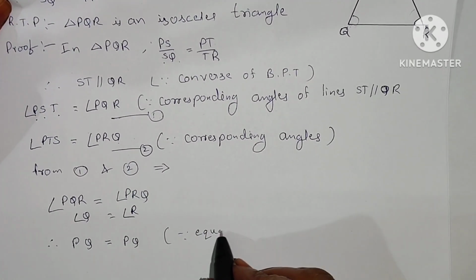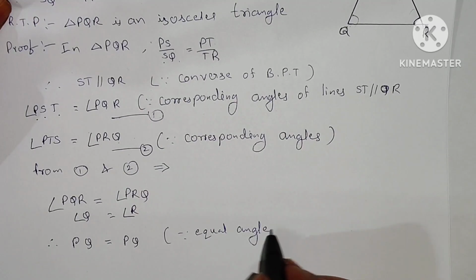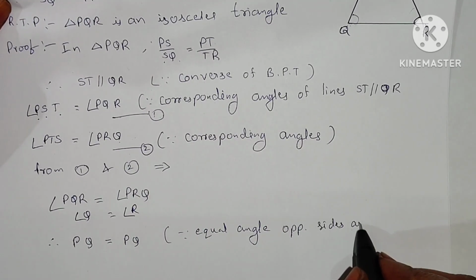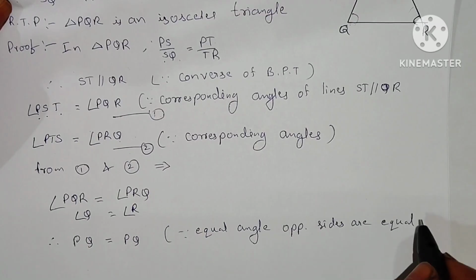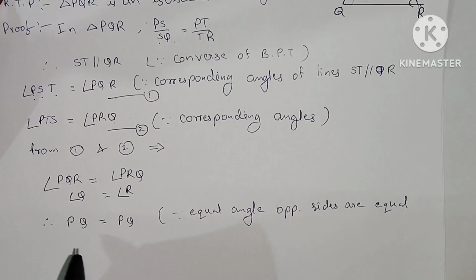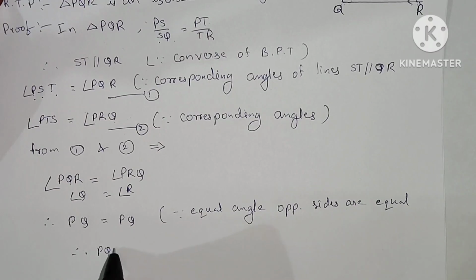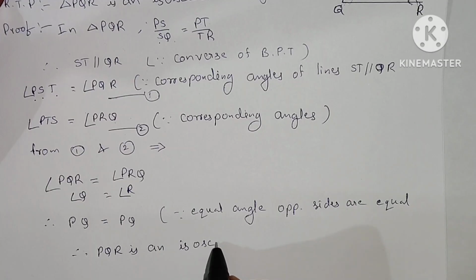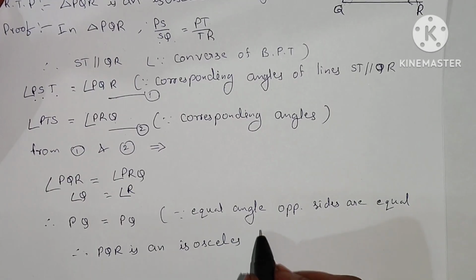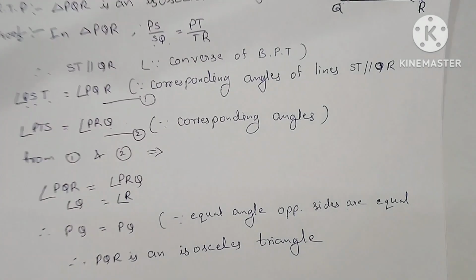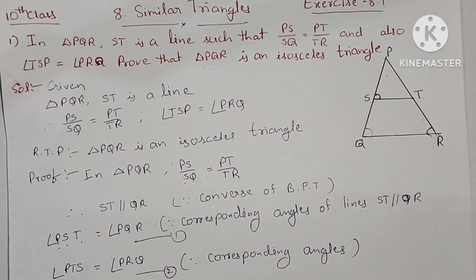Equal angles have equal opposite sides. So two sides are equal, therefore PQR is an isosceles triangle. So this is the first solution.